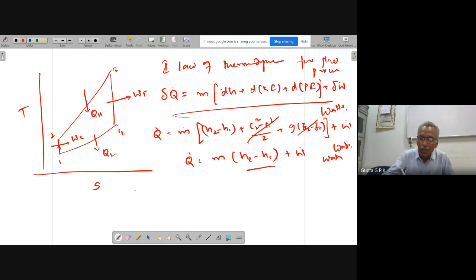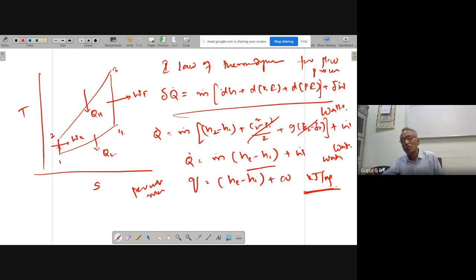And if I take per unit mass, small q, m dot cancels, plus W, kilojoule per kg. It is per unit mass flow. This is the generalized equation for all the 4 processes.